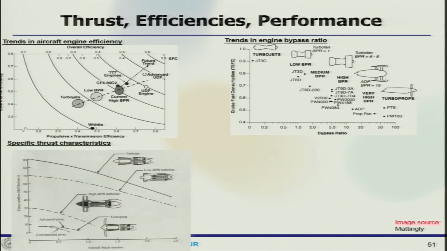Now, another curve which would be interesting to see is the specific thrust characteristics, where again this is the aircraft Mach number, and you can see how the trend looks.